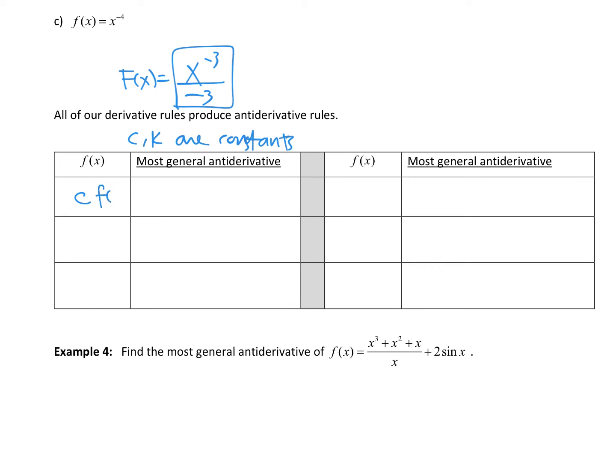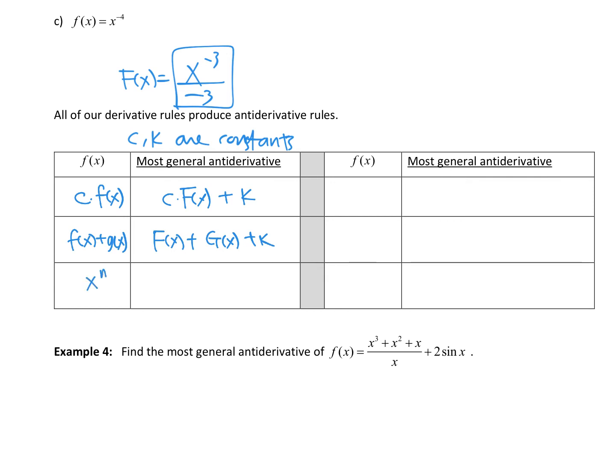For c times f of x, the most general antiderivative will be c times big F of x plus some other constant k. And if you have f of x plus g of x, it works the same way: big F of x plus big G of x plus constant k.